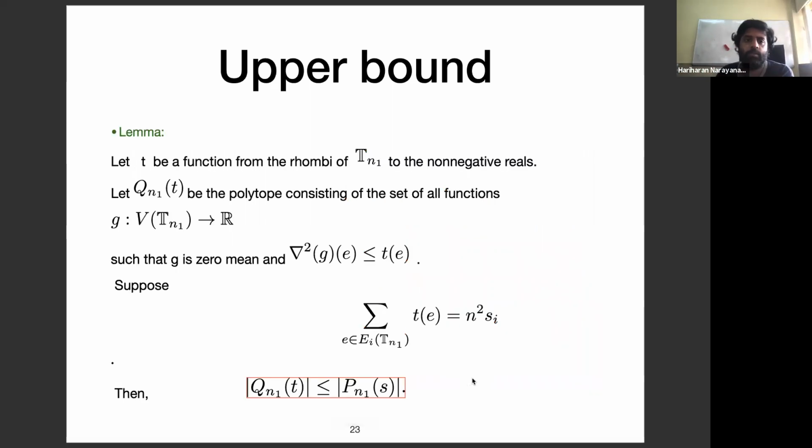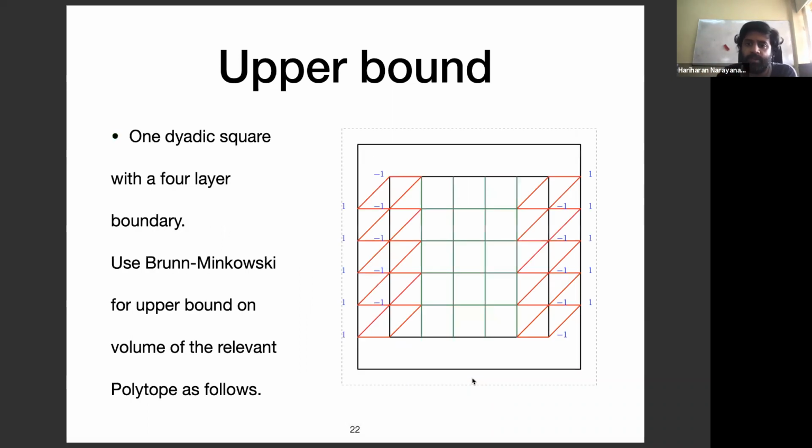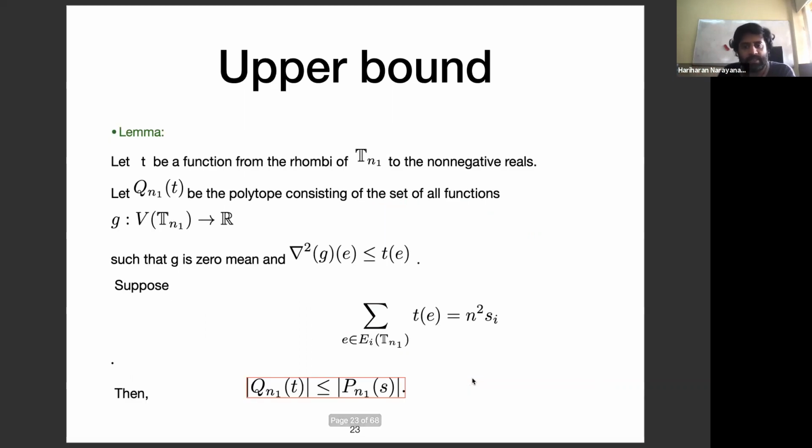Because of this, you essentially need to get an upper bound on the volume of the space of semi-concave functions with different upper bounds on the Hessian at different points, not a constant upper bound anymore, because what we subtracted here is not a parabolic function, it's some other function. So we have a non-constant upper bound. Nonetheless, this can be done using the Brunn-Minkowski inequality.